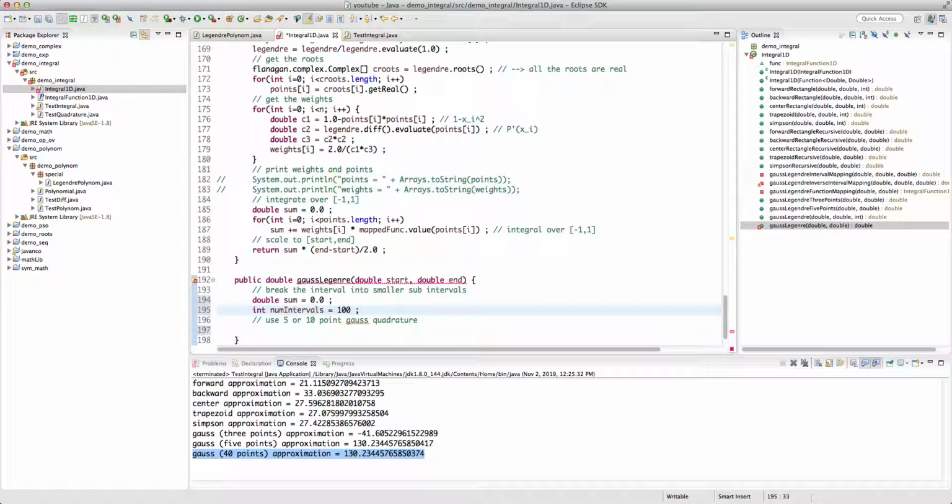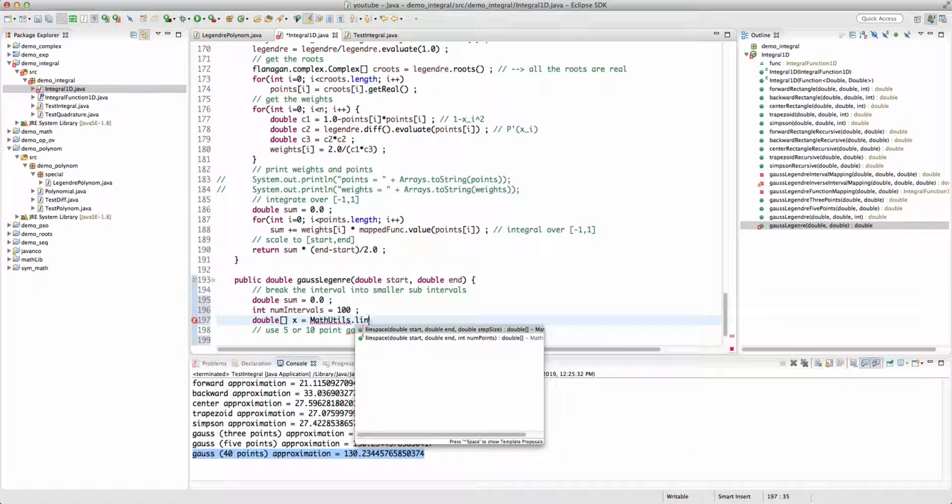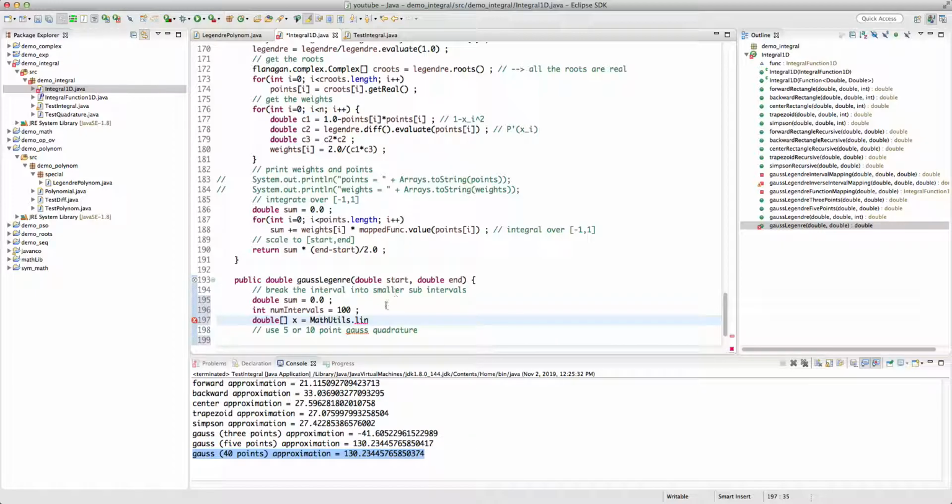All right, and then we can define our delta x.